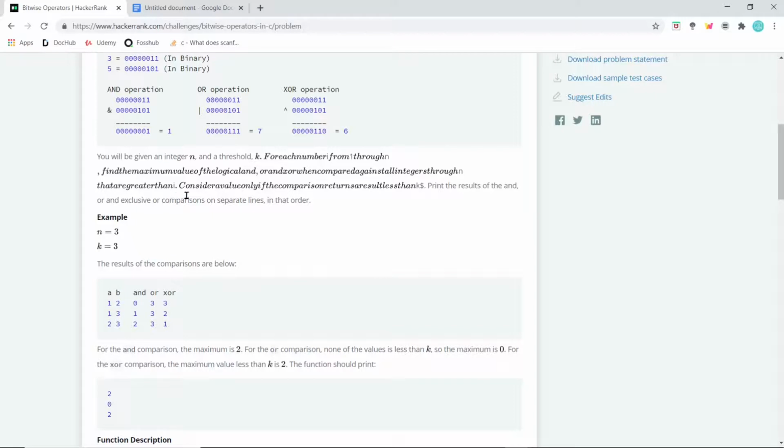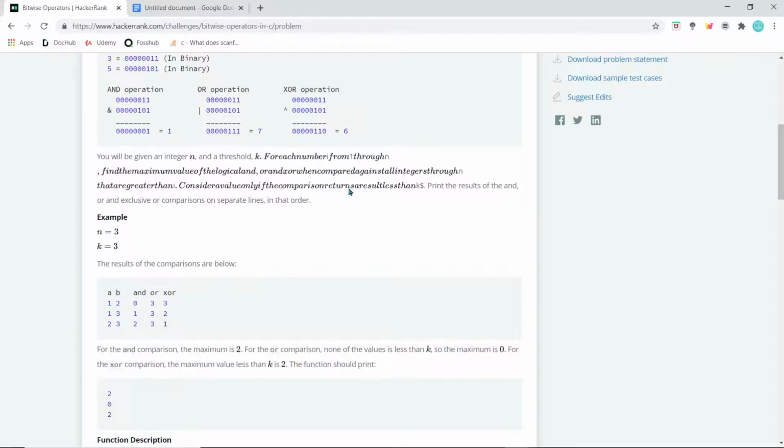So we have to compare all the possible integer values which are less than n with each other, and only when the value of the first one is lesser than the value of the second one, and the limit of that is k. Consider a value only if the comparison returns a result less than k.